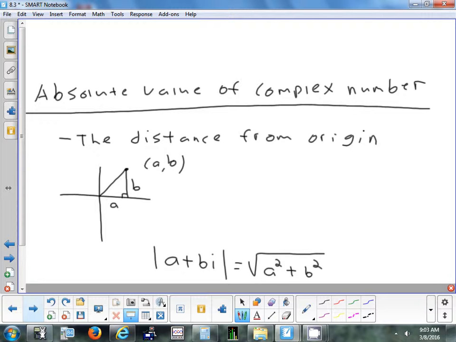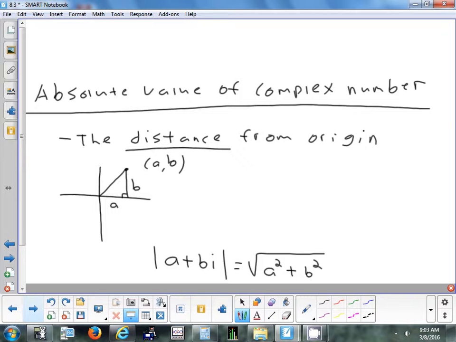All right, so if you're using the Pythagorean Theorem, it would be a squared plus b squared equals the hypotenuse squared. But we don't want the hypotenuse squared, we want the hypotenuse. So you square each one, add them up, and then take the square root. And of course, since absolute value is a distance, what kind of number would you never have for distance?